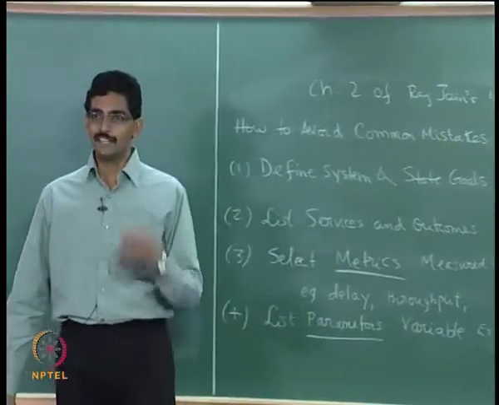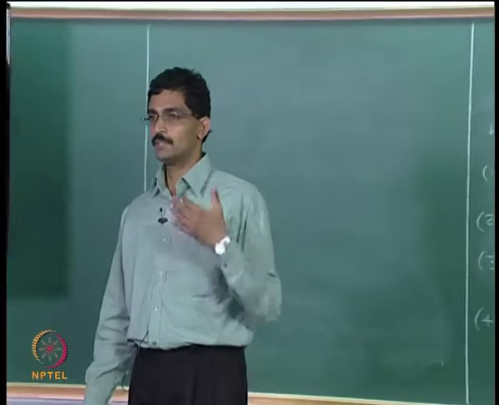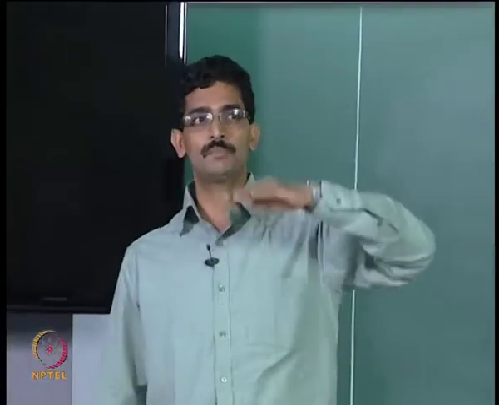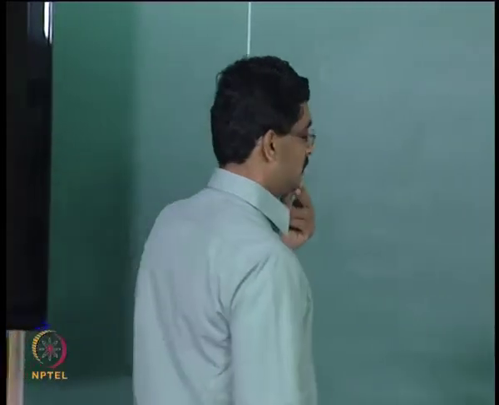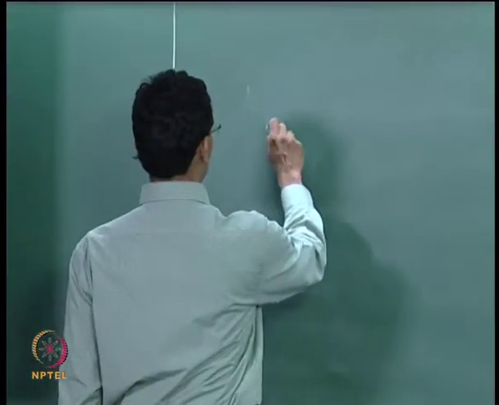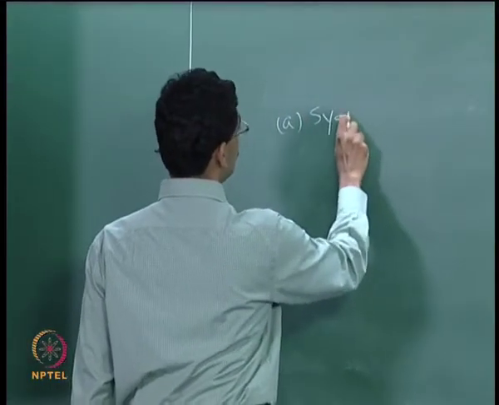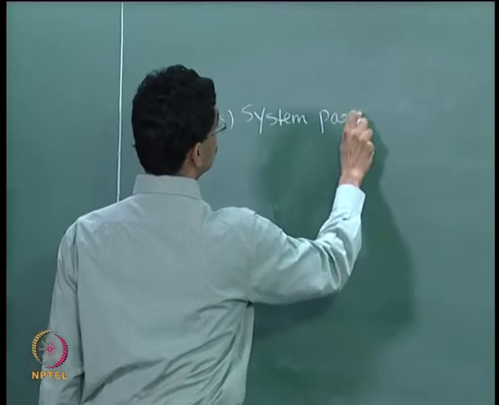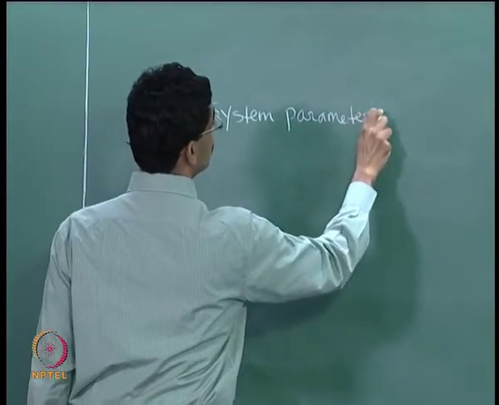So something that defines a system, right. A system is several subcomponents, in each of the subcomponents you are defining in terms of these parameters. Okay. So the two types of parameters you can classify them as system parameters, right.